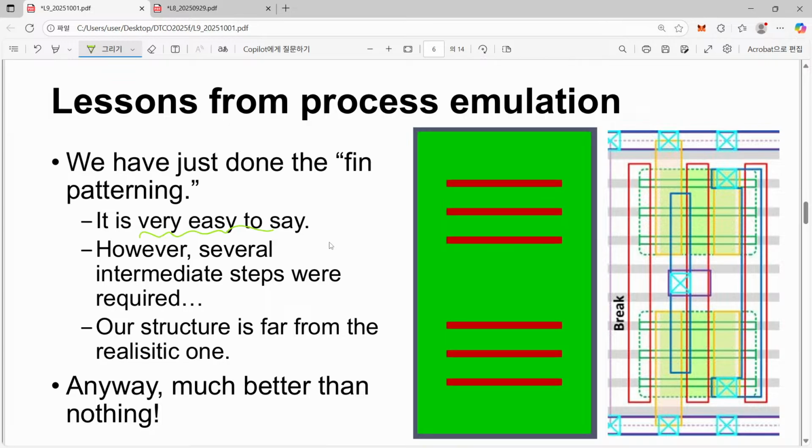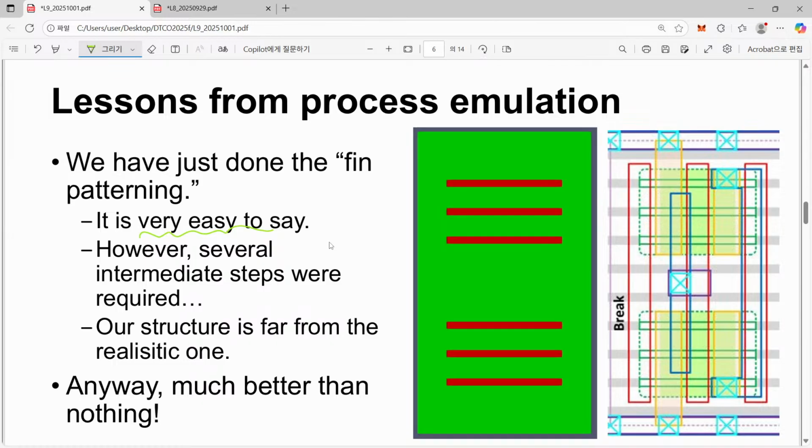However, in reality, we have to introduce several intermediate steps, and every step in our process can introduce errors, especially mismatch.